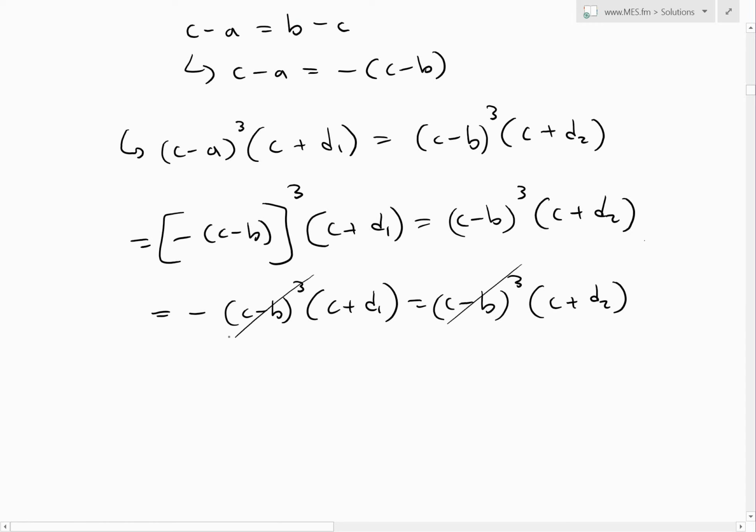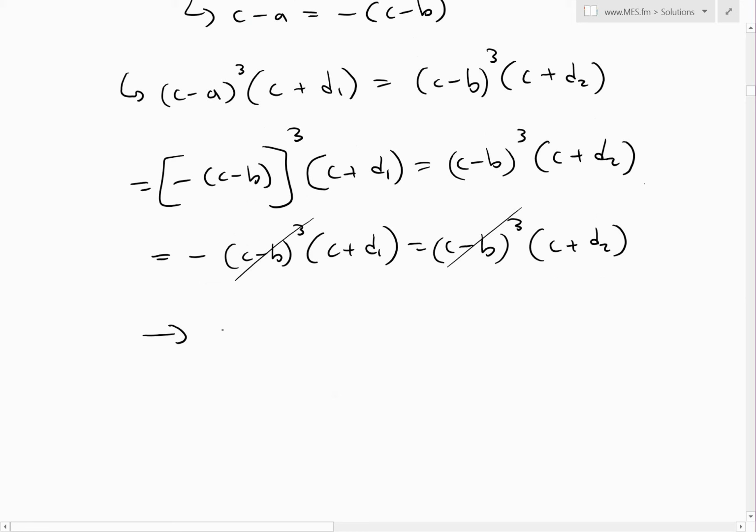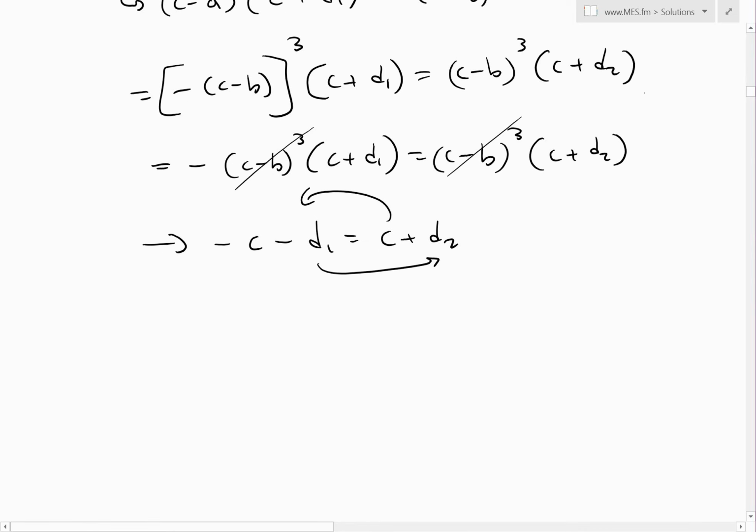This cancels, so what we're left with is negative c, minus d1, equals c plus d2, multiplying the negative inside. Now I'm going to move this c to the left side and this to the right side, so we have d1 plus d2 equals negative c minus c, which is negative 2c.